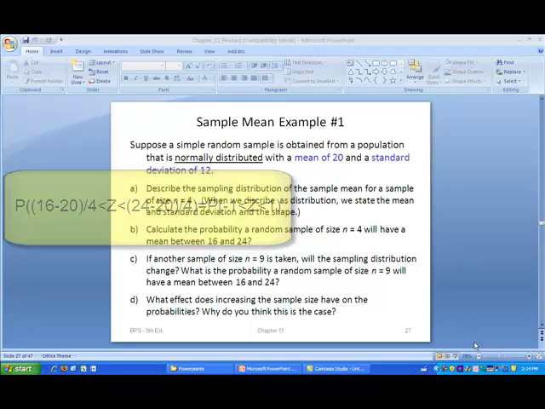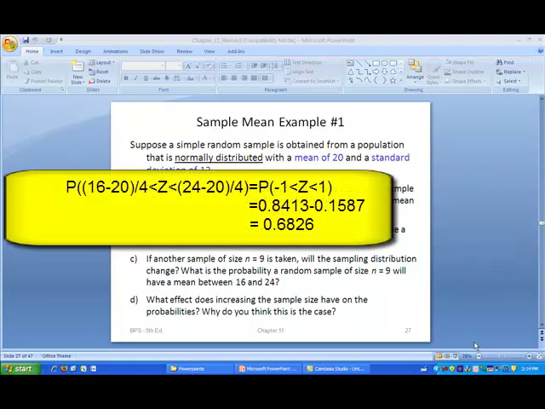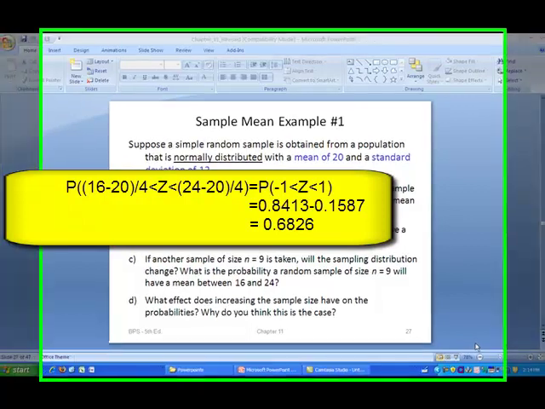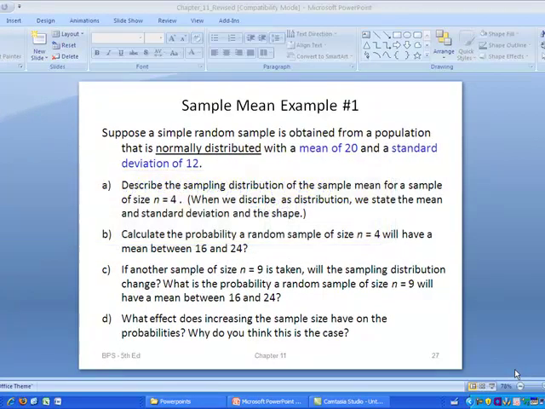And we know by the empirical rule that should be about 68%, but we can calculate it exactly using table A. So you take the probability that goes with 1, everything less than 1 is 0.8413, and the probability of less than minus 1, which is 0.1587. So we get the probability that x bar is between 16 and 24 in this sampling distribution, where sample sizes are 9, is 0.6826.